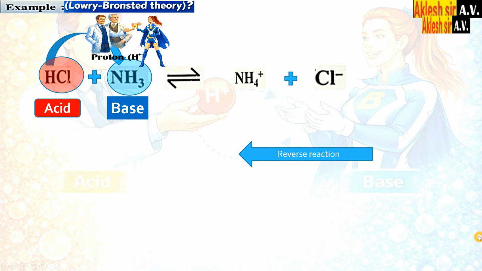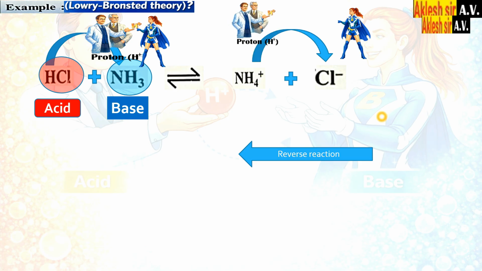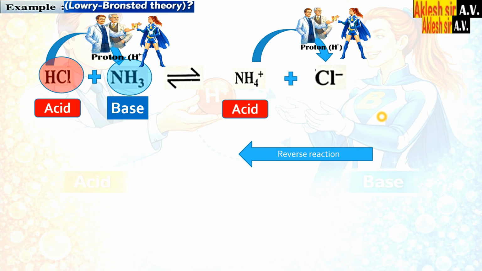So here in the reverse reaction, what will happen? This ammonium is donating the proton to Cl minus. Here ammonium is acting like a Lowry-Bronsted acid, and Cl minus is acting like a Lowry-Bronsted base. So in the reverse reaction, the ammonium ion is an acid and Cl minus is a base.